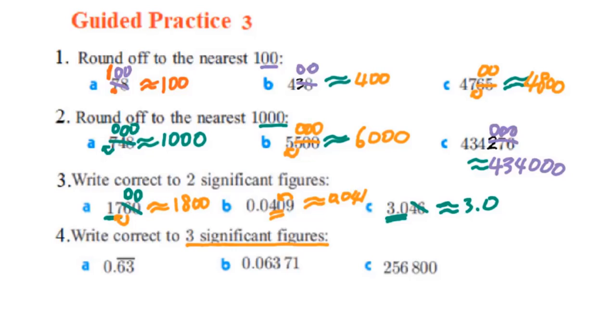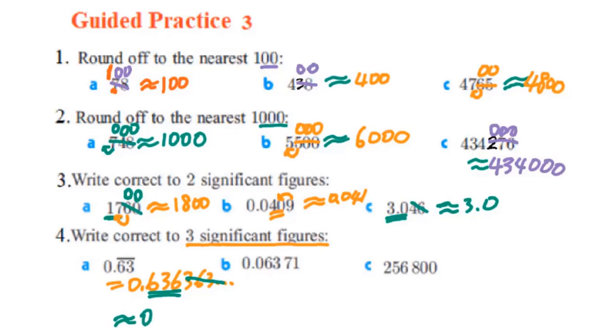For number 4, write correct to 3 significant figures. For A, we know this bar meaning. That's 0.636363. We need to change into 3 significant figures. So from the front, these 3 are significant figures. So cross out this. These 3 will be rounded down.